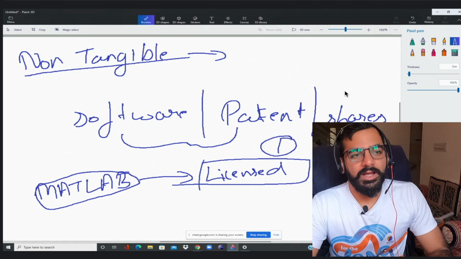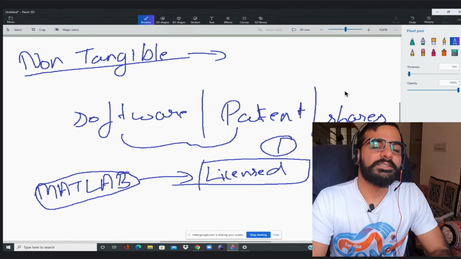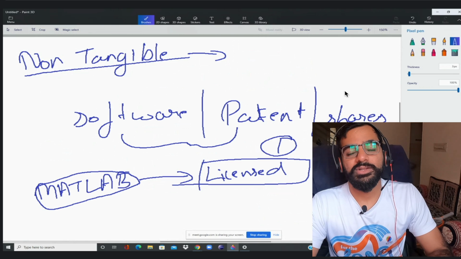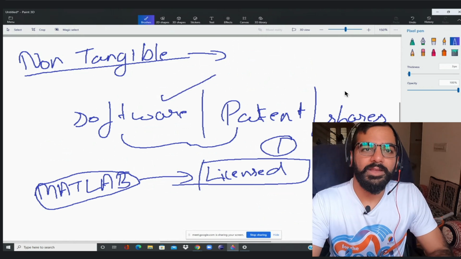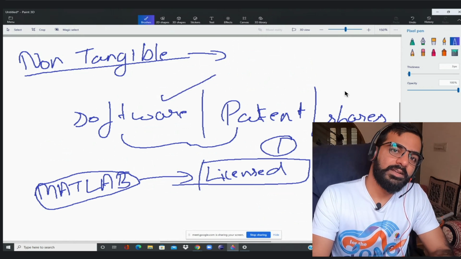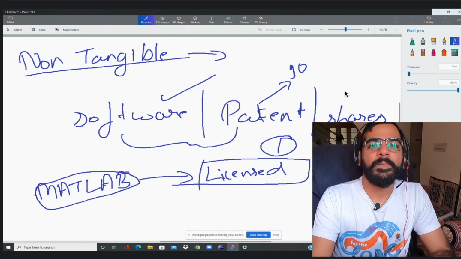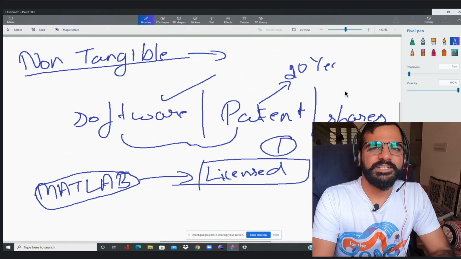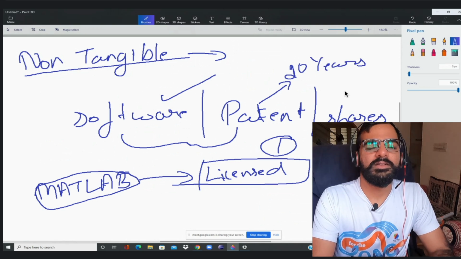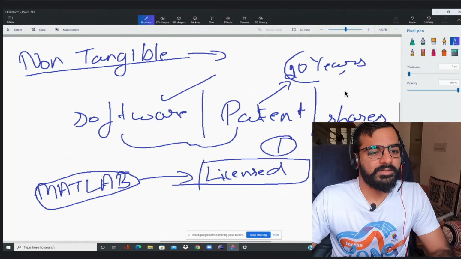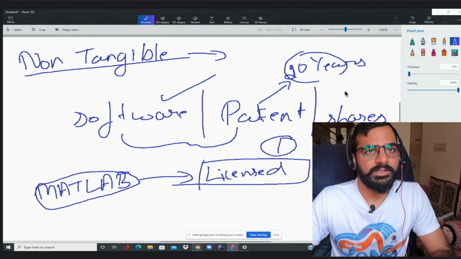But then, how long does this sustain is what we actually calculate. We know that patents go for 20 years. Correct, no? Is it changed? No, right? Wait, I think it was 20. If it has changed, I'll check it. Just a minute.